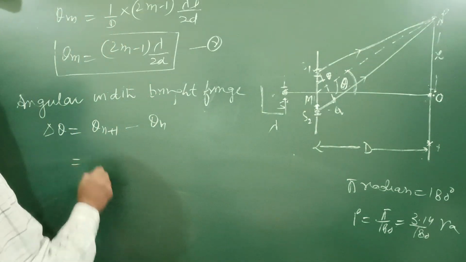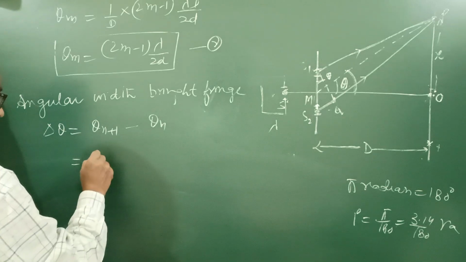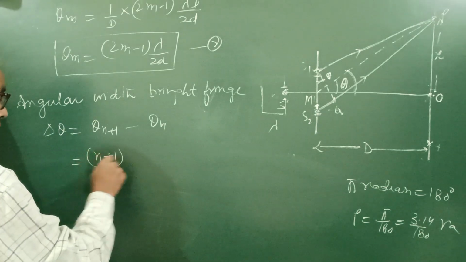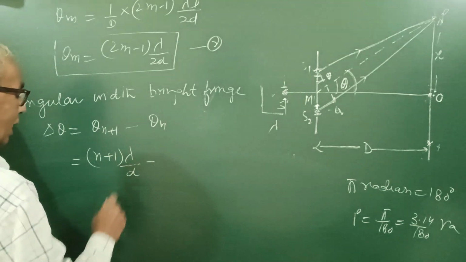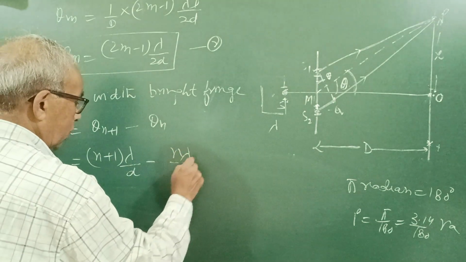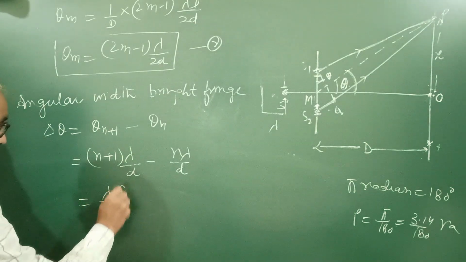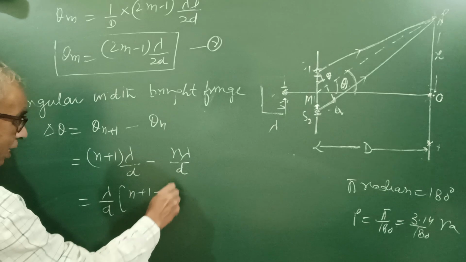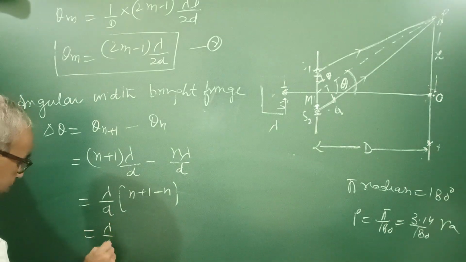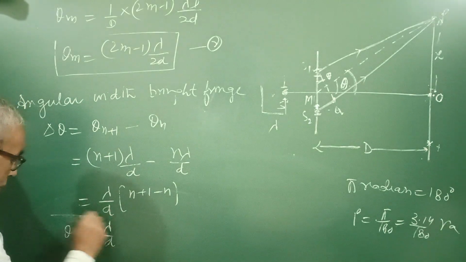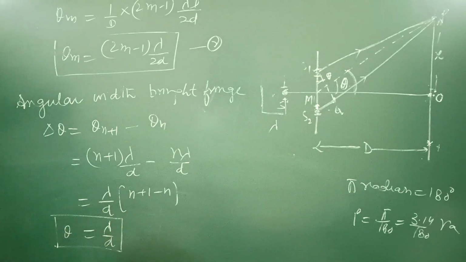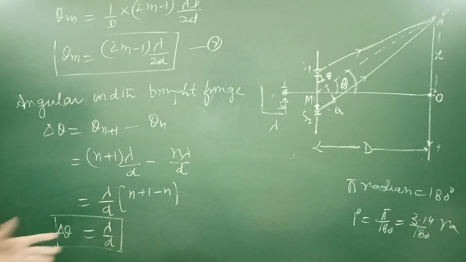So theta n was, so it will be n plus 1 lambda upon d minus n lambda upon d. So when you subtract, lambda upon d is common, n plus 1 minus n, so it is lambda by d. So angular width will be independent of capital D again, and of the number of the fringe also. Delta theta, sorry. This is the angular width of the dark fringe.